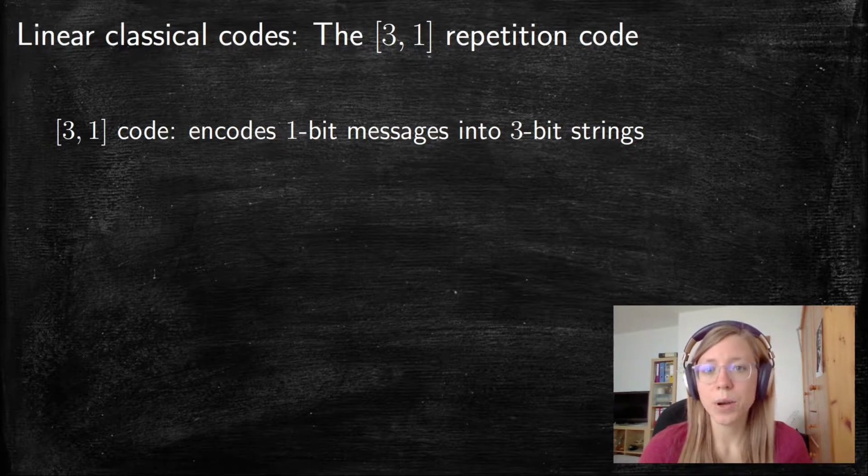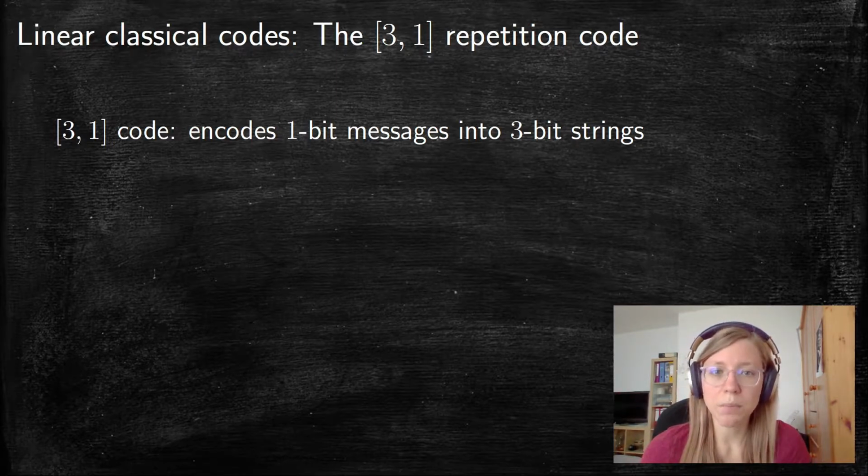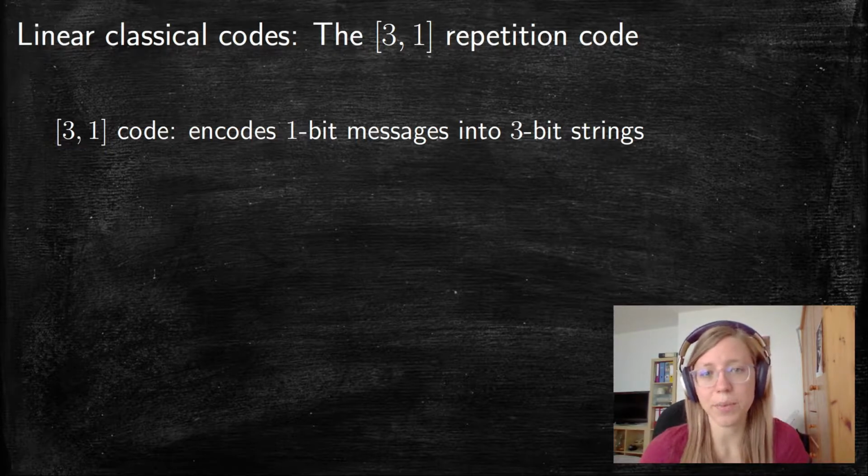The so-called 3-1 repetition code is a (3,1) code, as the name suggests, so it encodes 1 bit into 3 bits. And it does this simply by encoding 1 bit into 3 repetitions of the bit.